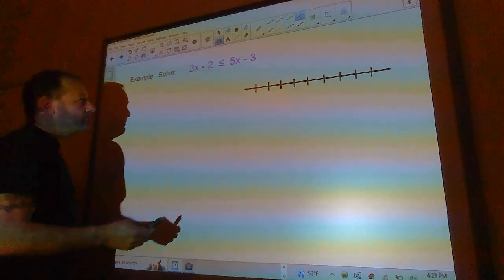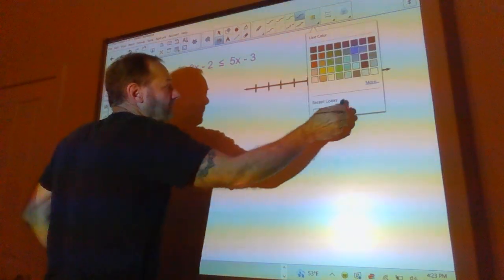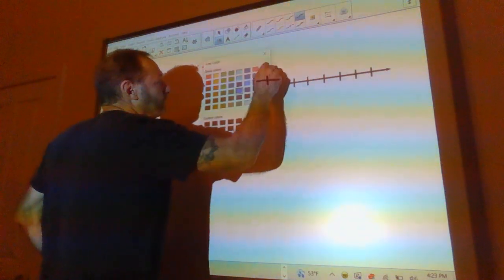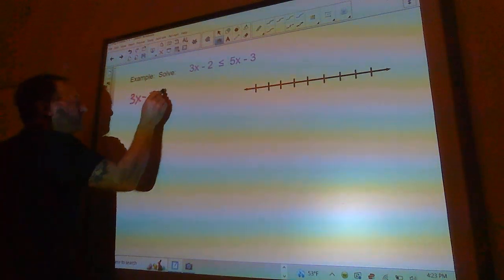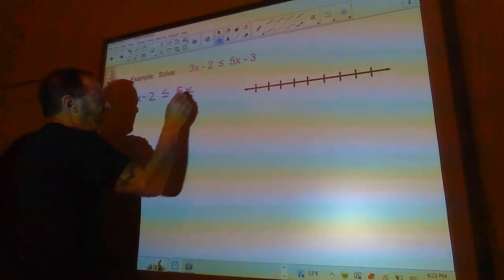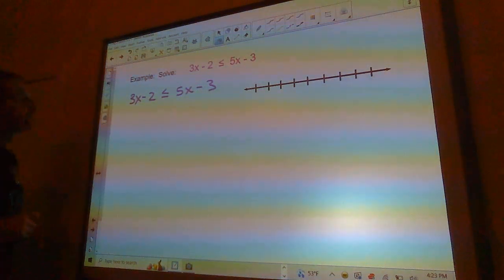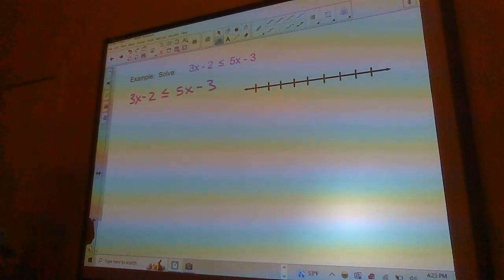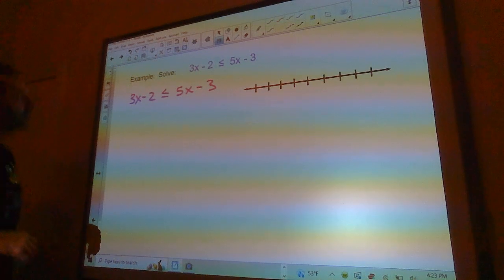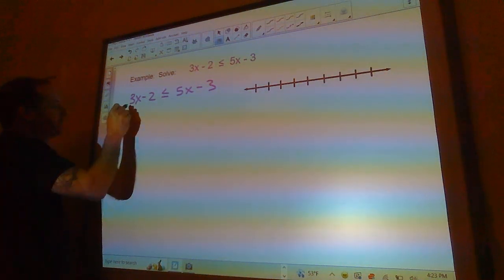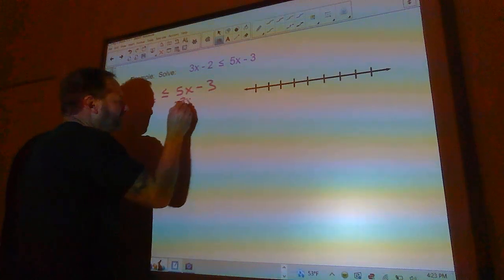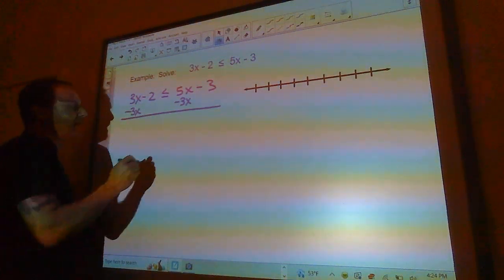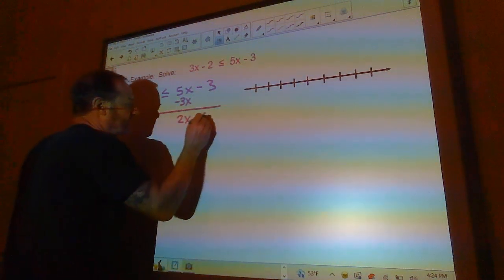Okay, so on this one, we've got 3x minus 2 is less than or equal to 5x minus 3. We're going to treat this just like we would an equation. We're going to subtract 3x from both sides because I like to keep my x's positive whenever I can.